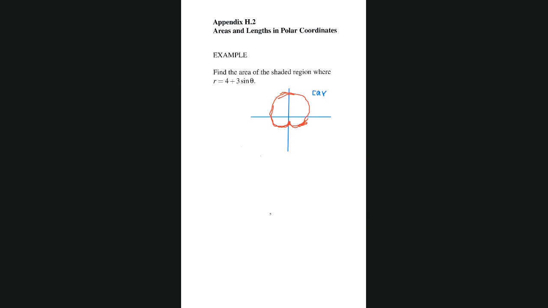This is called a cardioid, by the way, because it looks like a heart. It's called a cardioid. Hope I'm spelling that right.